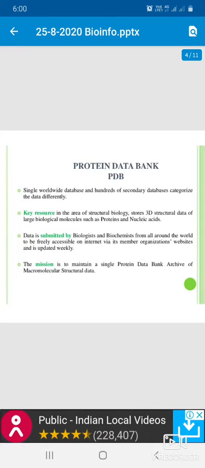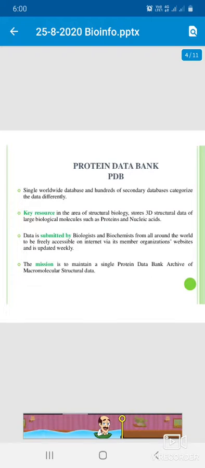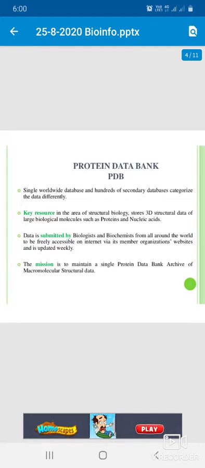Actually, the Protein Data Bank PDB is a single worldwide database with hundreds of secondary database categories in different data content. It is a key resource in the area of structural biology, storing 3D structural data of large biological molecules such as protein and nucleic acid.